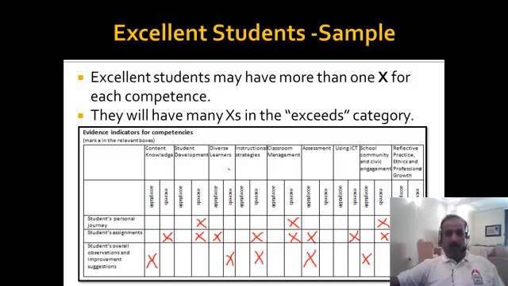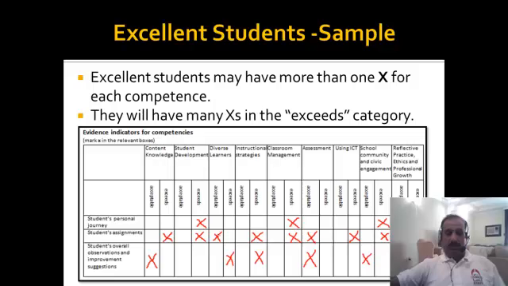Now for diverse learners, we see the same. We see one for acceptable and one for exceeds for both student assignment and students' overall observation. So look carefully. But this is not necessarily the case for all students. As I mentioned, this might just be the case with a few students.